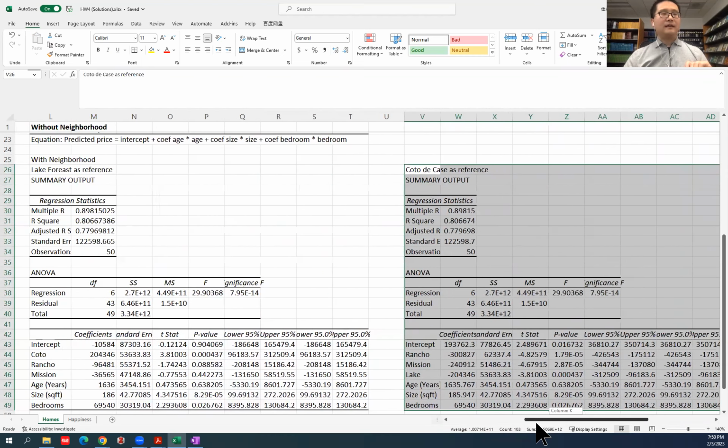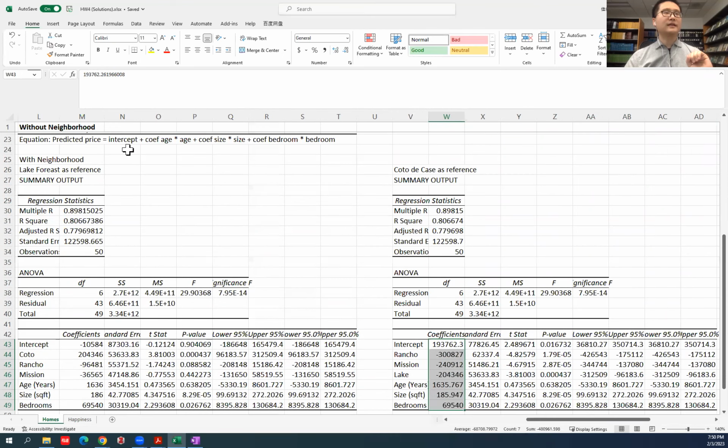by showing them side by side. On the left, we see a model using Lake Forest as the reference. On the right, I have Coda de Casa as the reference. These two models were built from the same set of data, except that the reference level of the city was different. For the first model, I used these three variables as the predictors, plus age, size, and bedroom.